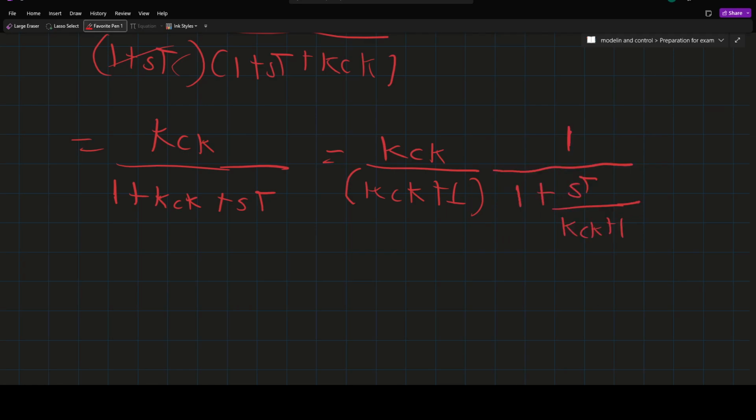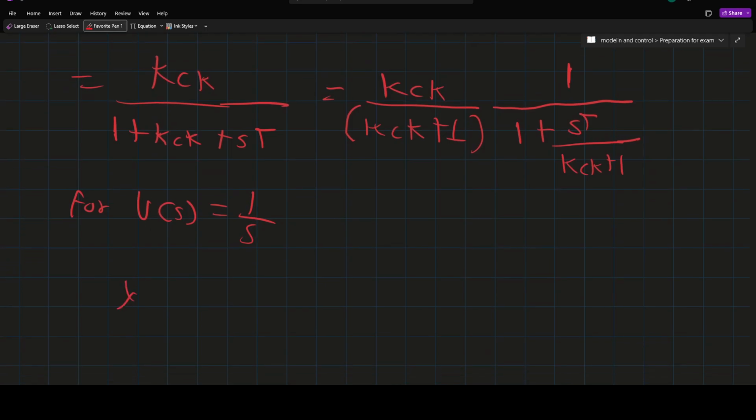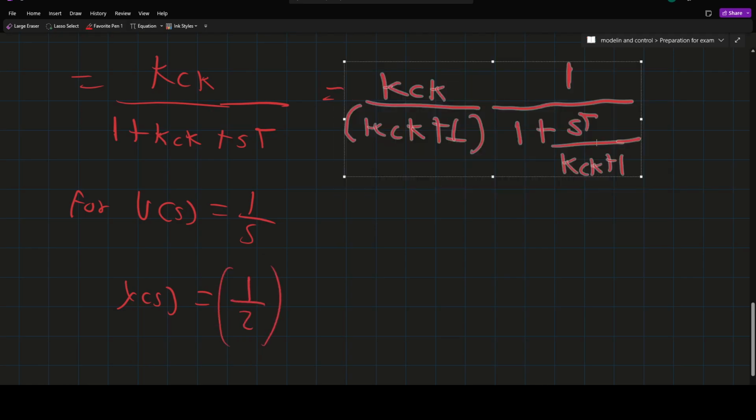Now for our step input, the input is 1 over s, so our Y(s) is gonna be equal to 1 over s multiplying this.